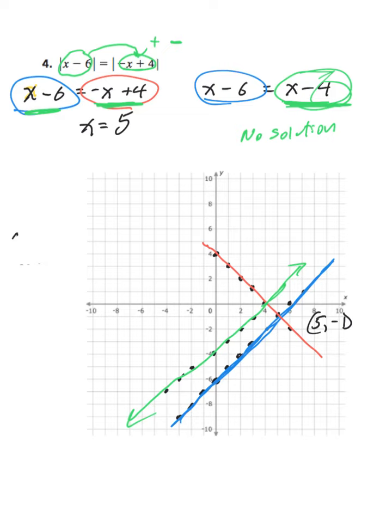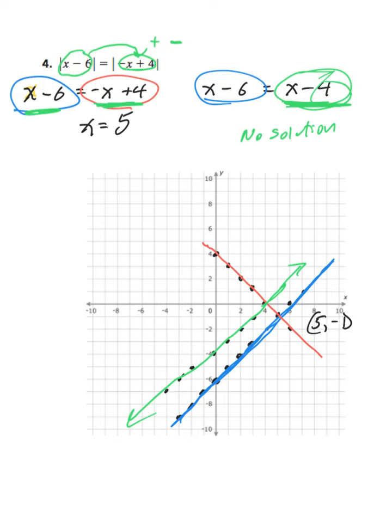So quickly reviewing this one, we took the equation and set it up as x minus 6. What's inside the left one equals what's inside the right one, or what's inside the left one can be equal to the opposite of what's inside the right one.